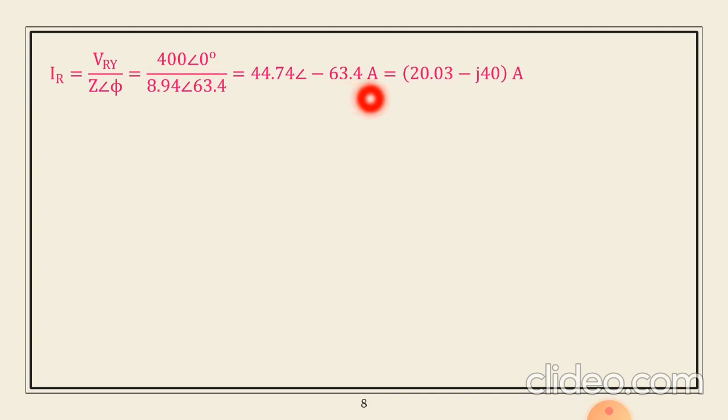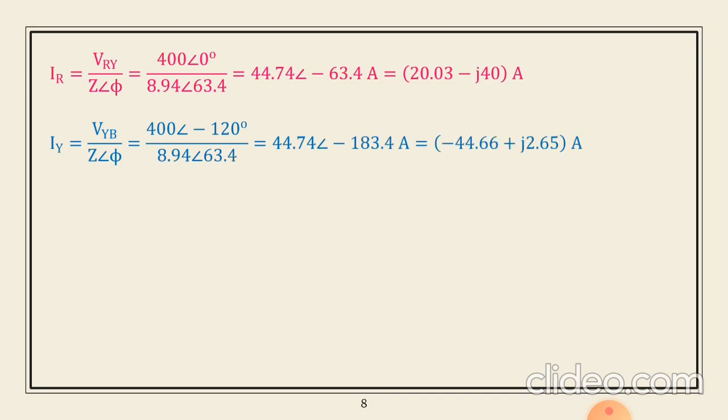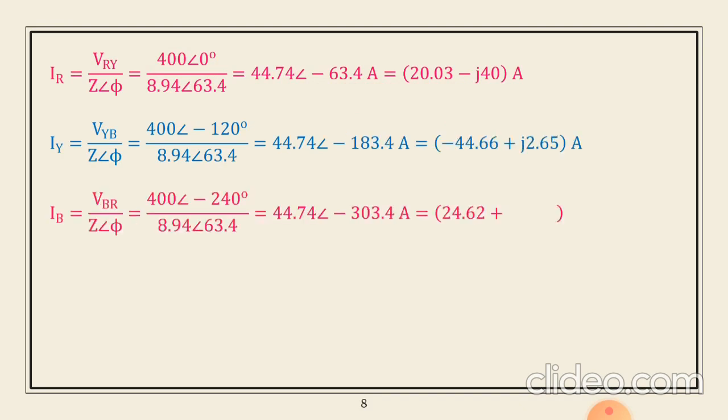Finally convert this into rectangular form. Similarly, you can also write for IY and IB. The only difference is, here it is minus 120, here it is minus 240. The denominator is the same, and convert all the values into rectangular form.